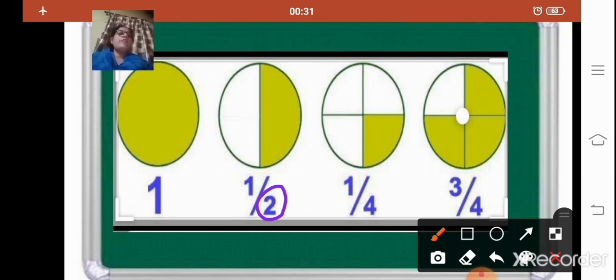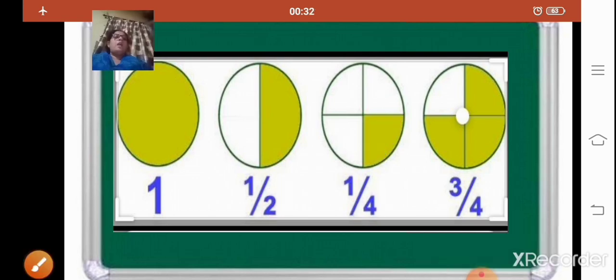In the third figure, the whole is divided into 4 equal parts, so your denominator will be 4, and out of 4 parts, one part is colored, so your fraction becomes 1/4. And in the fourth figure, out of 4 parts, 3 parts are colored, so you write the fraction as 3/4.